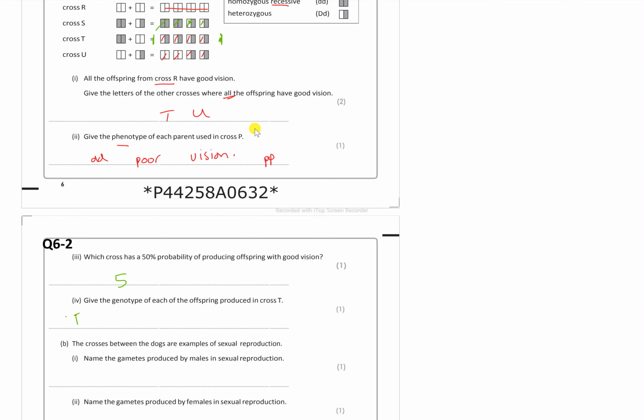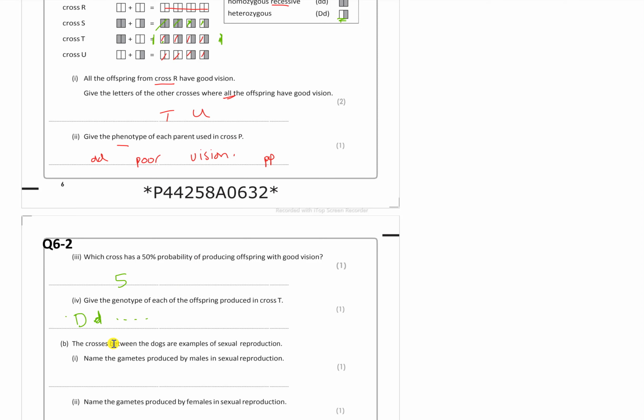Any white one is going to be a capital D. So that's what we're looking for. So it'll be capital D, lowercase d. They're all of them that. You'd have to write it 4 times. So it's a heterozygote. It's got one of each.